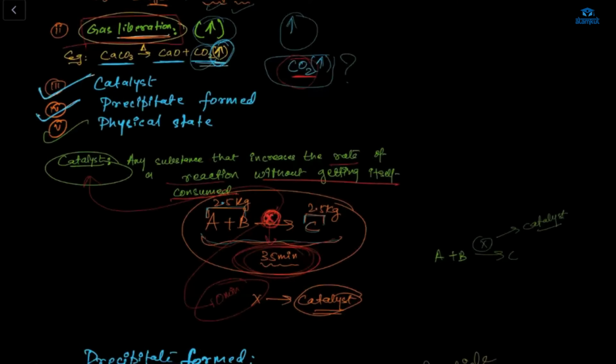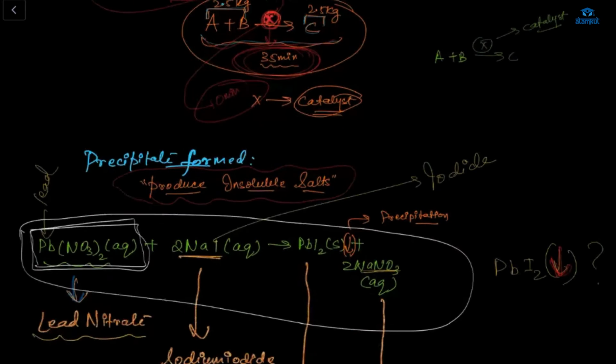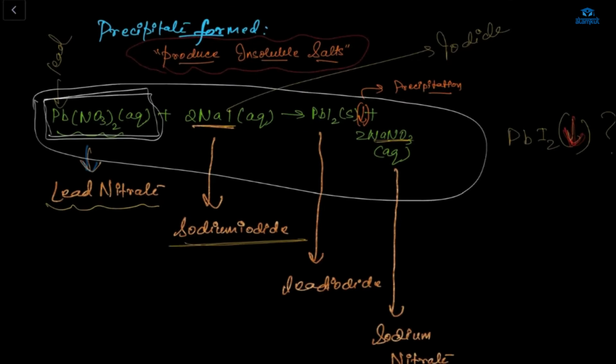In heat, we talked about this delta, in the catalyst we talked about this X, and in the precipitate this down arrow will be the symbol, because it is producing insoluble salts. Can you repeat the definition again?